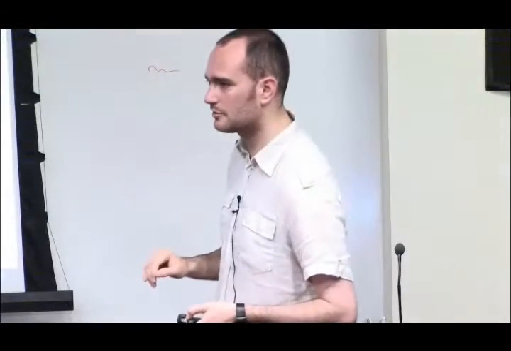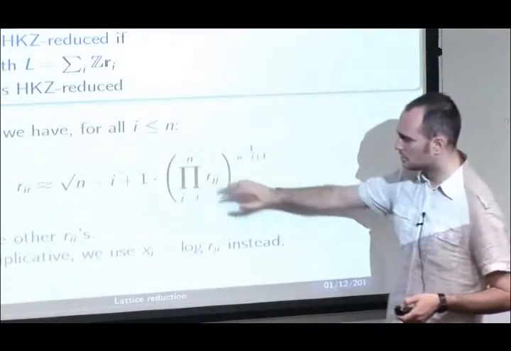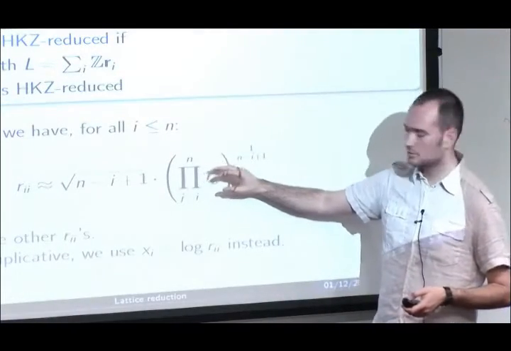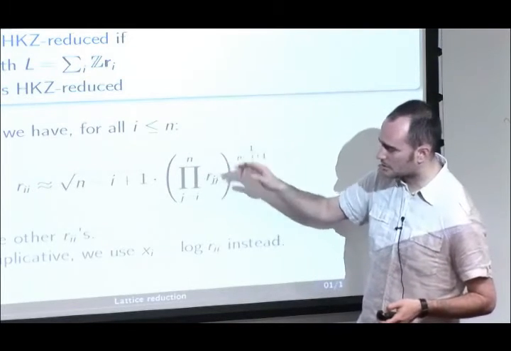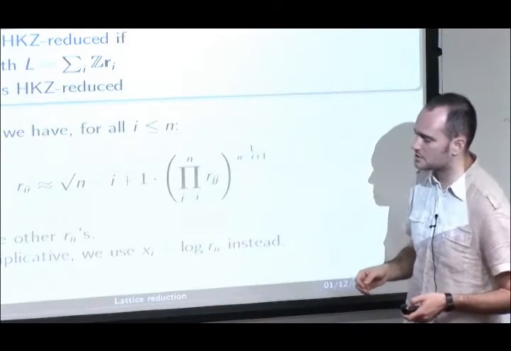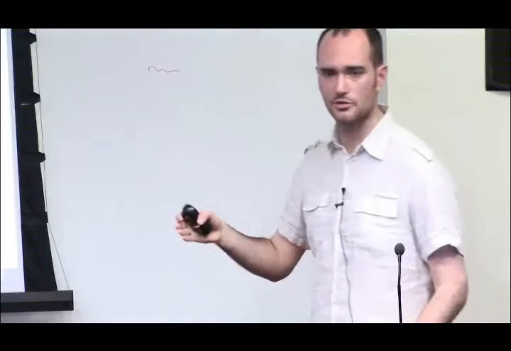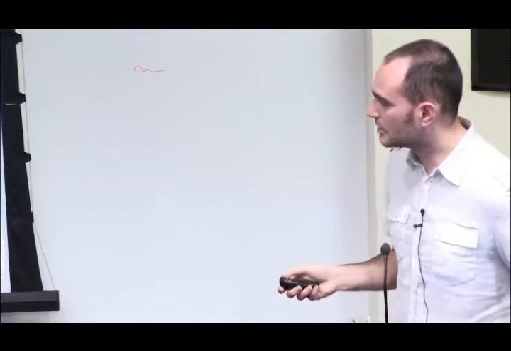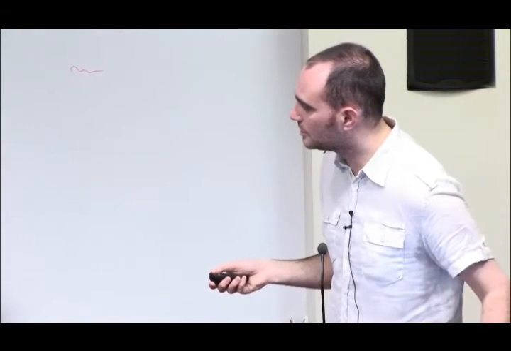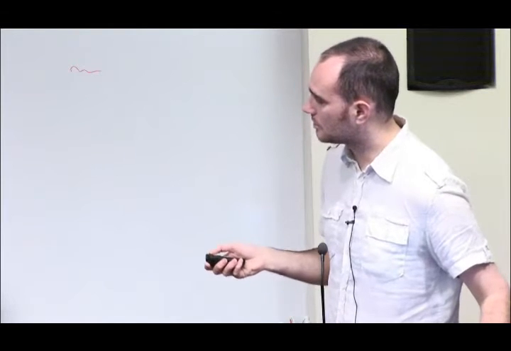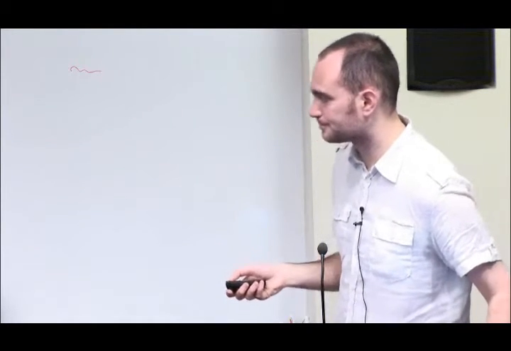So if Rnn is fixed, then you have a fixed value for Rn minus 1, n minus 1. And you keep going like this. Once the last two are fixed, the third last has a fixed value. You keep going upwards like this, and you get values for all the Ris depending on Rnn.